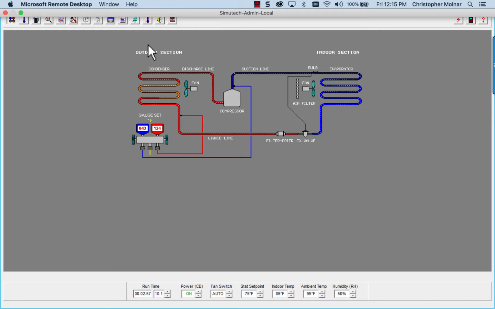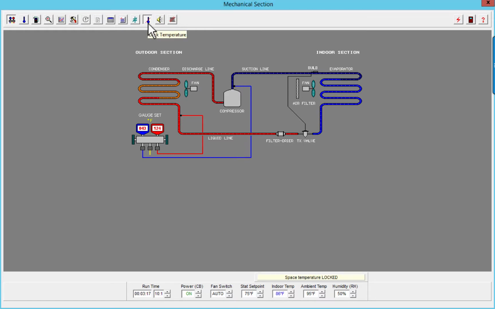Okay, I'm going to lock the room temperatures just because I can. Okay, so I want the system to continue to run. Indoor temperature is 86, stat set point 75, ambient temperature is 95. Okay, watch what's happening to my low side temperatures. Okay, my evaporator temperature is now about 43.